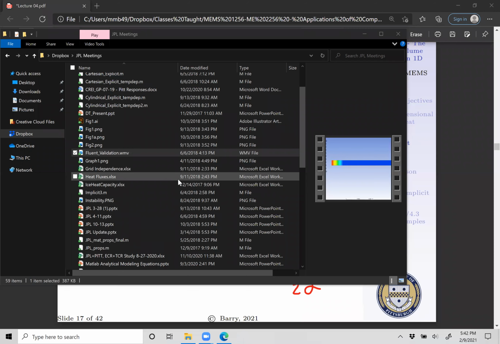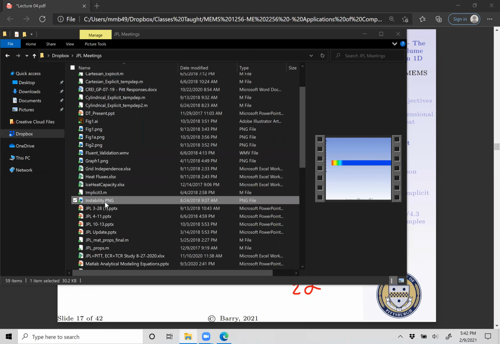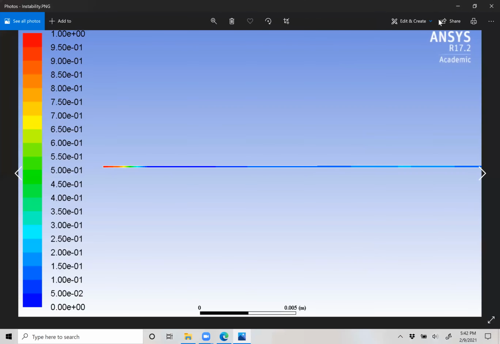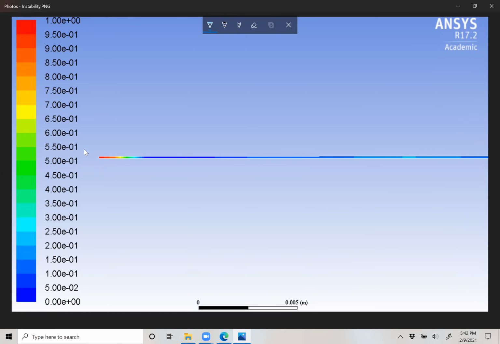Now, what happens is if you pick too large of a time step, and I know this is incredibly hard to see, but I had to zoom out. Here's a red region, which is representing water. So if we're applying heat to the left-hand side and we have a huge domain of ice, we'd expect the water to form here on the left-hand side, right here, and this to be ice.